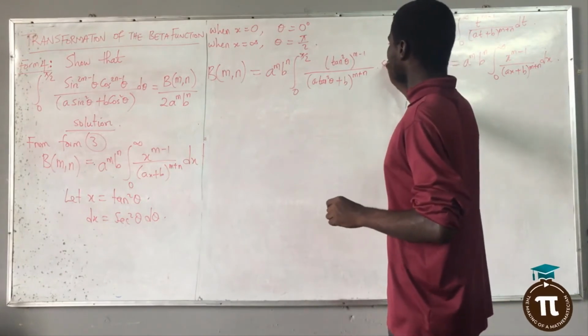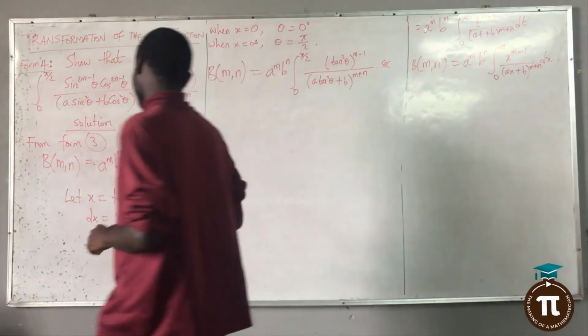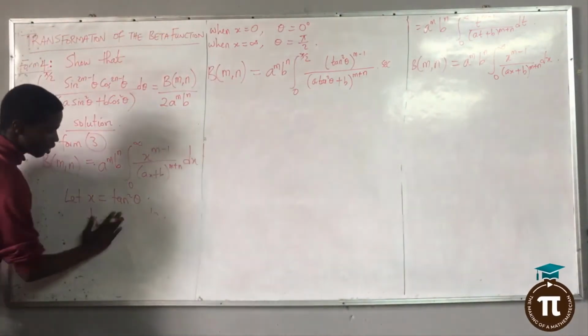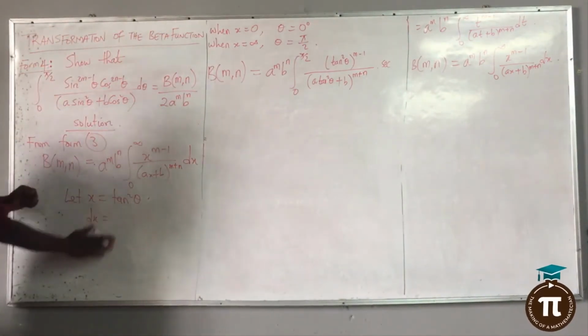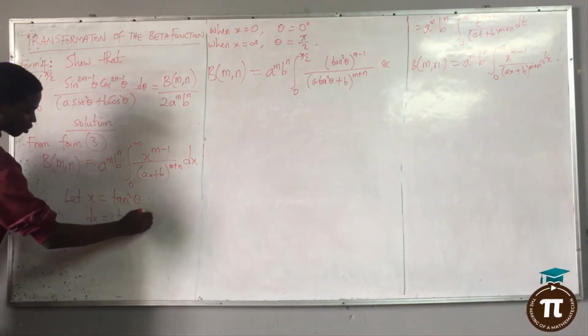The dx is from sec square. So this is not the derivative of sec square. This one will give me 2 tan theta sec square theta.